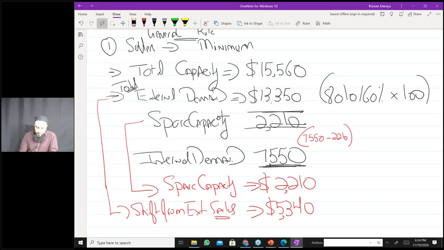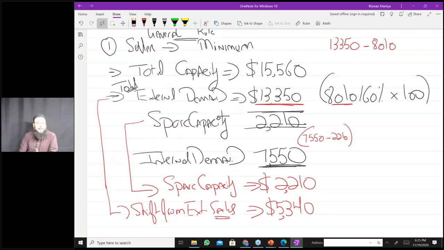Okay. Now, you'll be shocked to see this one. The external demand is 13,350, right? And you are not able to fulfill this external demand completely, say yes. So out of this, how much do you fulfill right now?